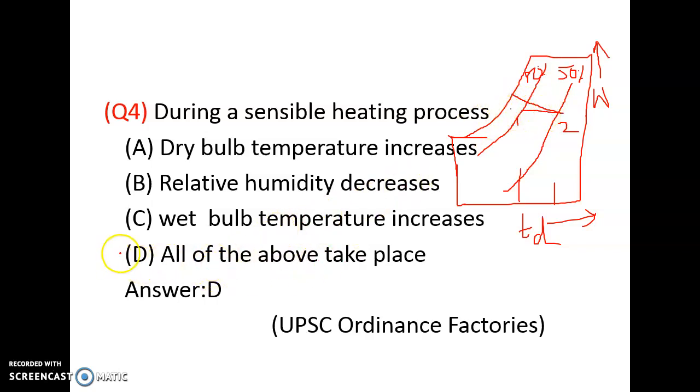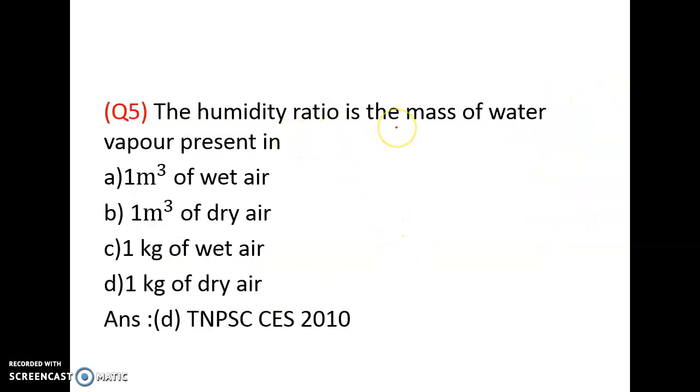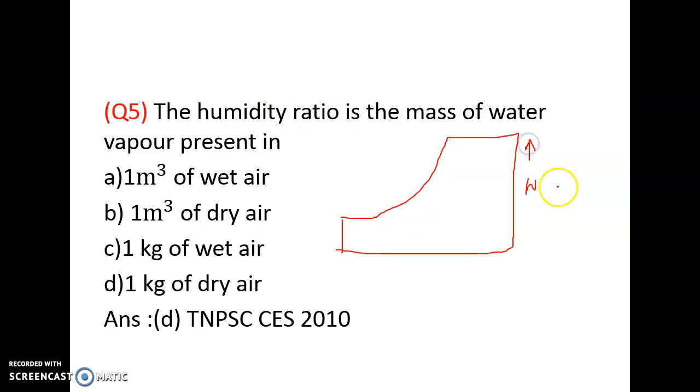All of the above takes place, so the answer is D. The humidity ratio is the mass of water vapor present in 1 kg of dry air. In a psychrometric chart, the humidity ratio W, or specific humidity, is in kg of water vapor per kg of dry air.